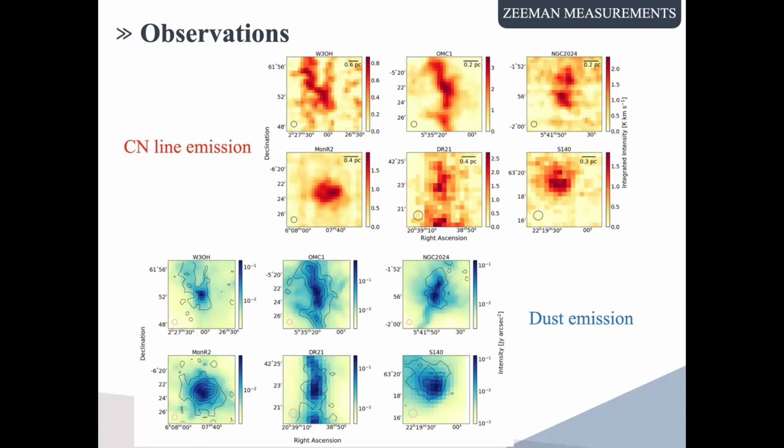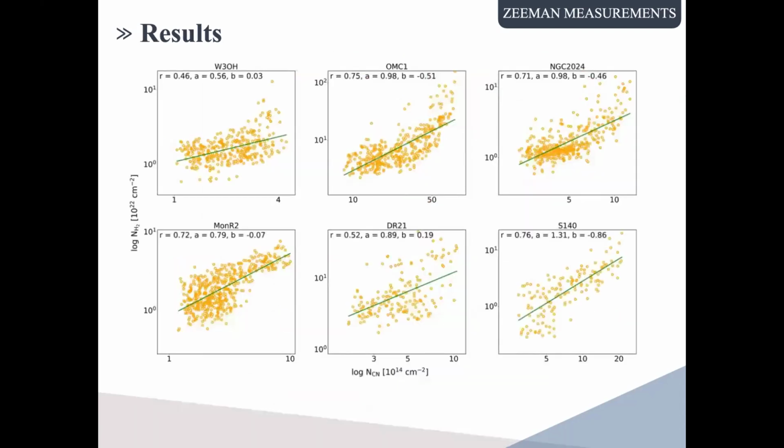To compare both emissions, we calculated the column density of CN and dust from the emissions. Then we estimated the correlation coefficient between the CN column density and the H2 column density.